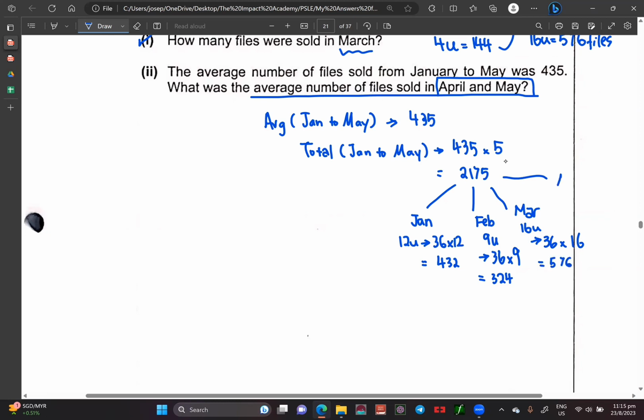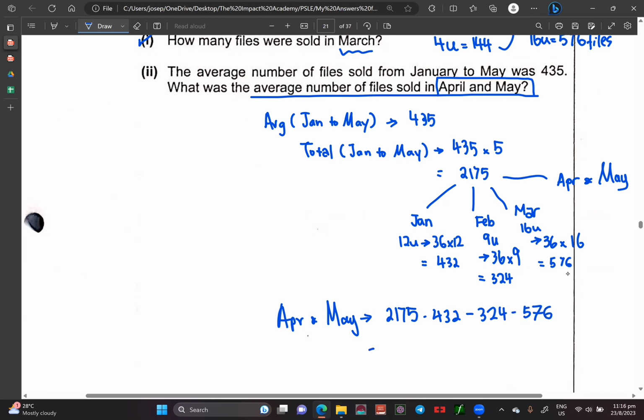Okay, so for April and May, we already know that the total for April and May is simply 2175 minus away January's, minus away February's, minus away March's. So we will simply do 2175 minus away 432 minus away 324 minus away 576.